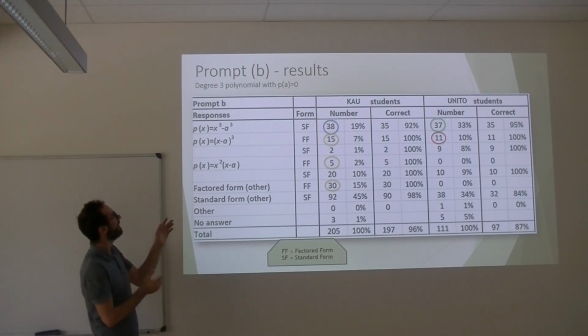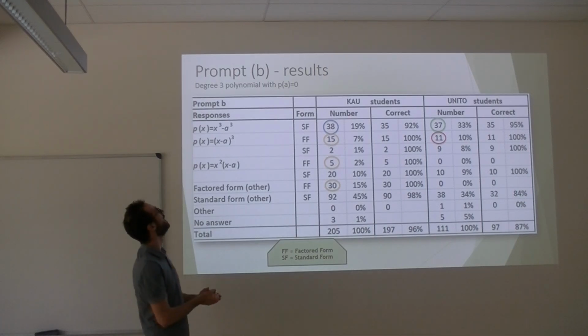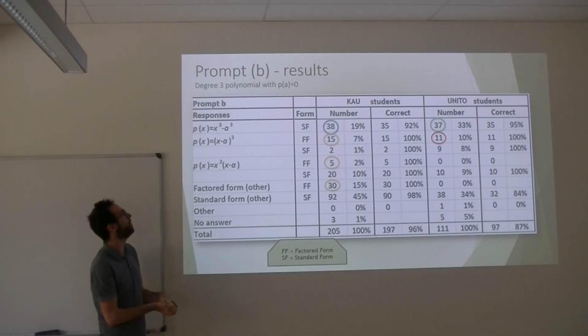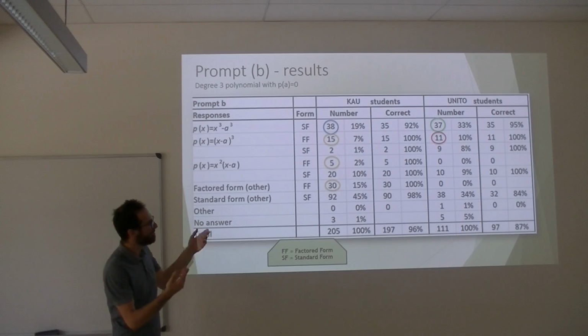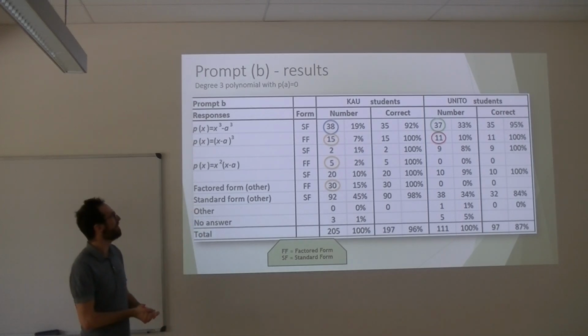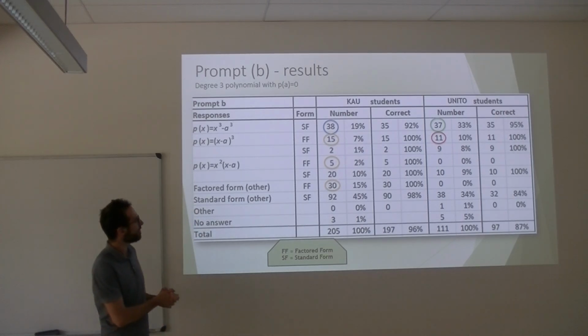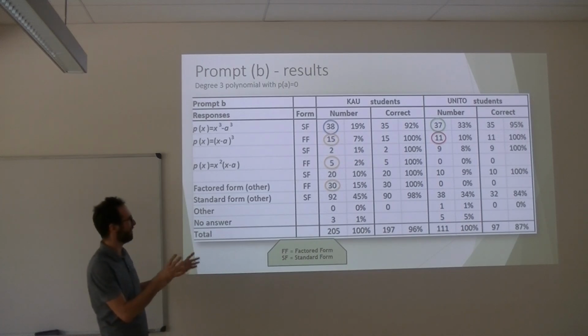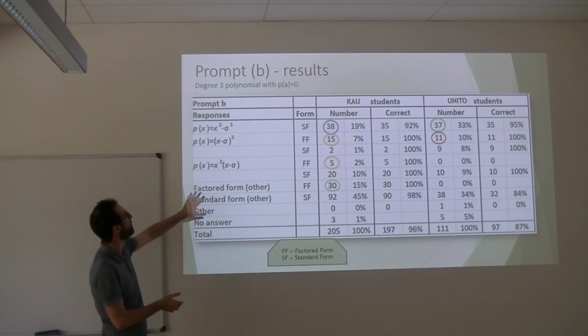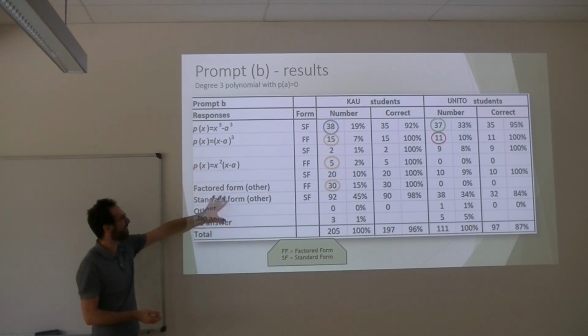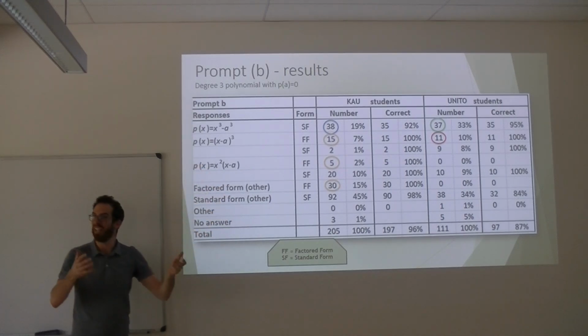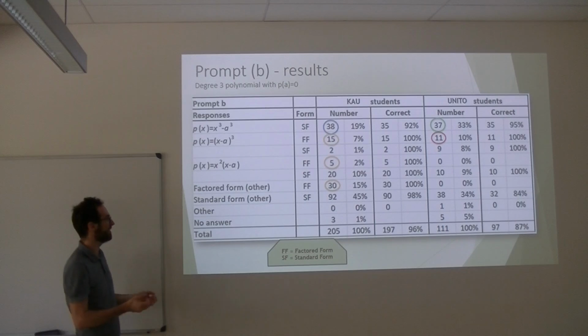So let's start with the degree 3 polynomial with one root. In this case, it's a table full of quite a lot of numbers. Just to mention, for the sake of interpretation, here we analyze the first column, the various kinds of responses that were given by the students.